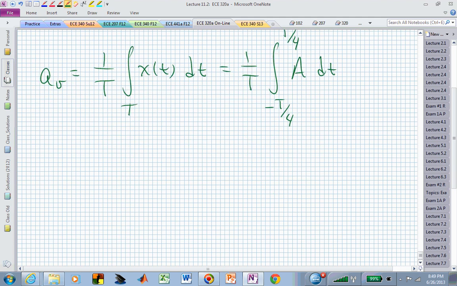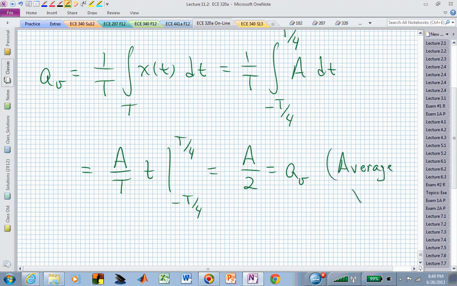So that now if we do the integration, we have A over T, t from minus T over 4 to T over 4. And substituting all of that in, hopefully we will end up with the T's canceling, and we have A over 2. That's now our average value, which is what we would have expected since the pulse is on half the time and off half the time during our fundamental period.